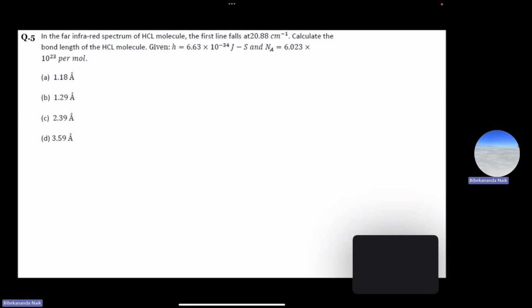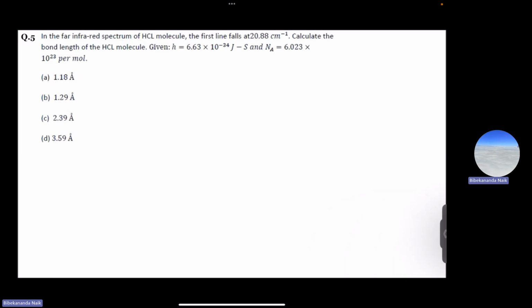So now, the first line falls at 20.88 centimeter inverse. It is given in the question. Now, if you remember, the first line corresponds to the transition from j equals 0 to j equals 1 or j equals 1 to j equals 0.